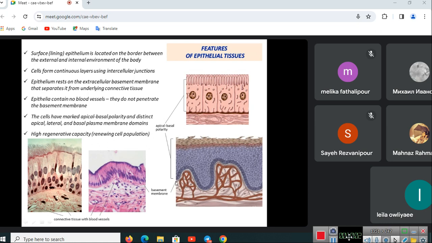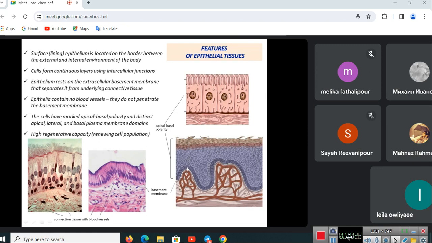It means that you can easily say where the basal layer is because it locates upon the basement membrane, and below it the connective tissue will be located. If you go from the basement membrane towards the surface of such epithelium, you will see the cells at different stages of their life cycle.